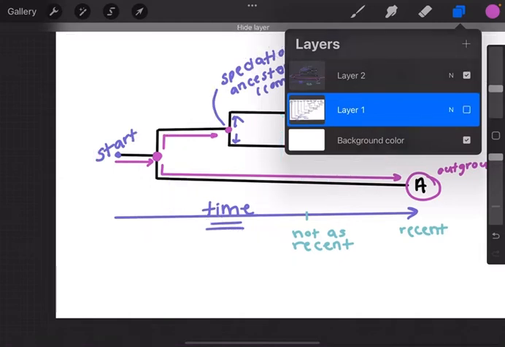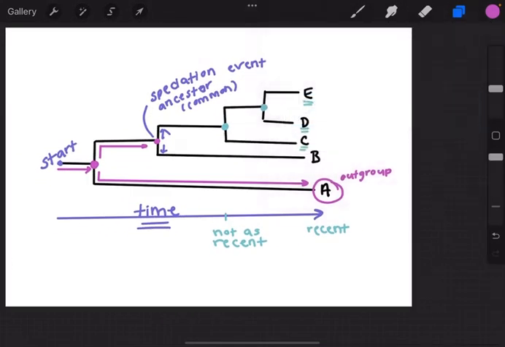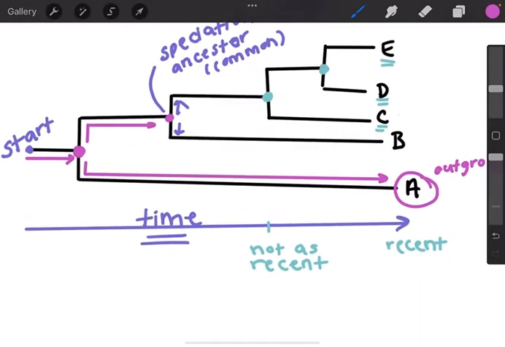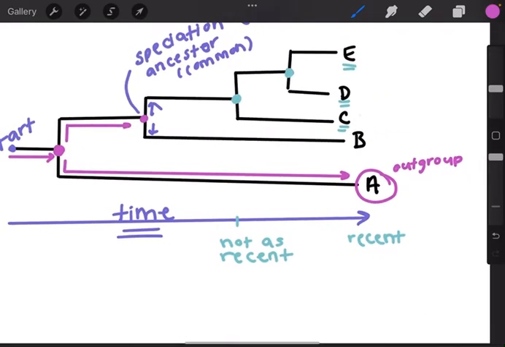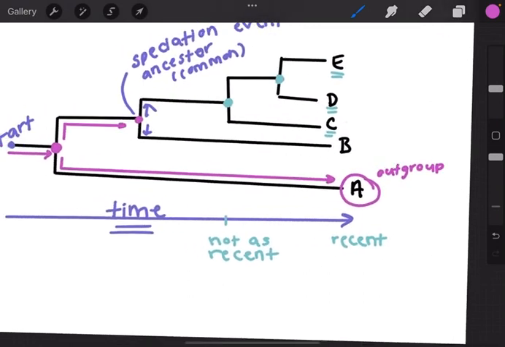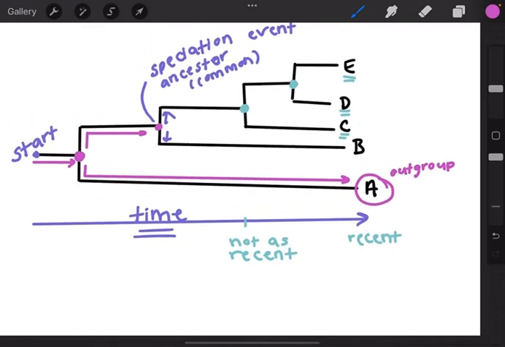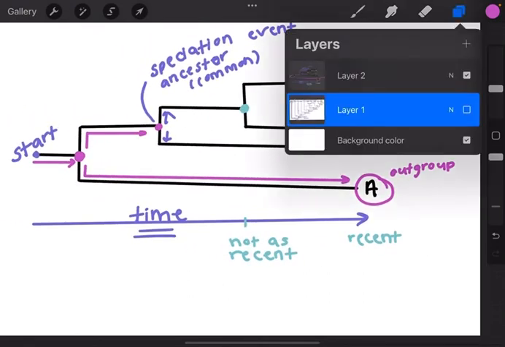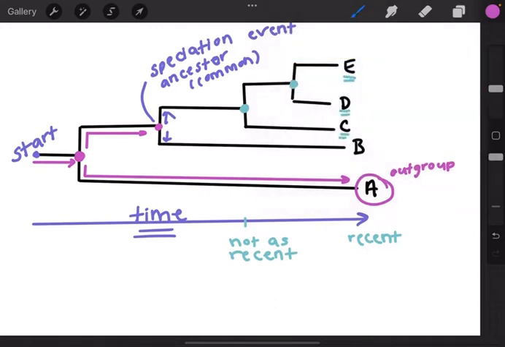And the reason why we're concerned with an outgroup is because the outgroup will always share only one common ancestor with all of the other species that we are concerned with. And that would be this one right here.